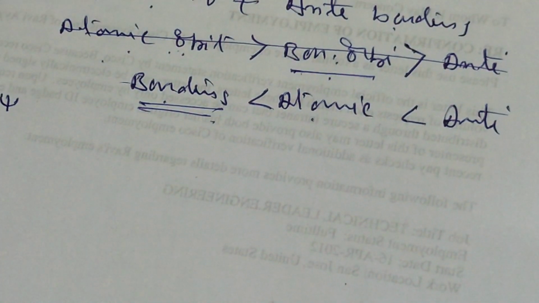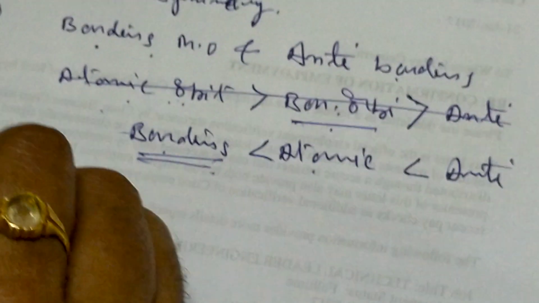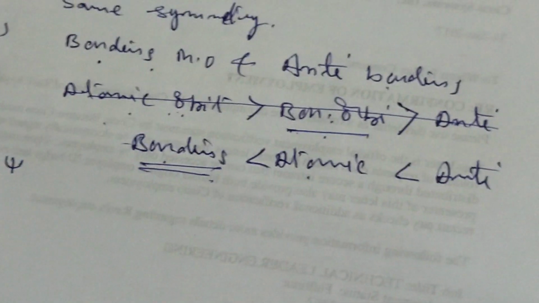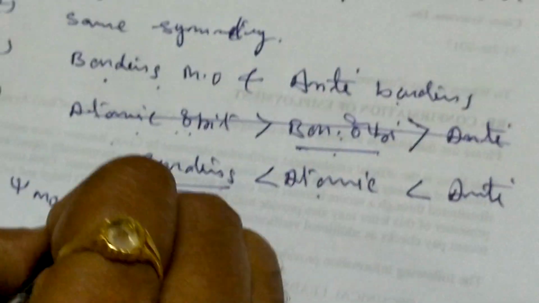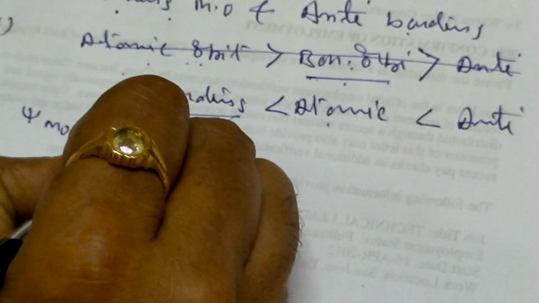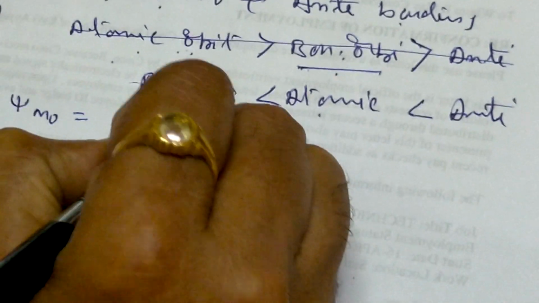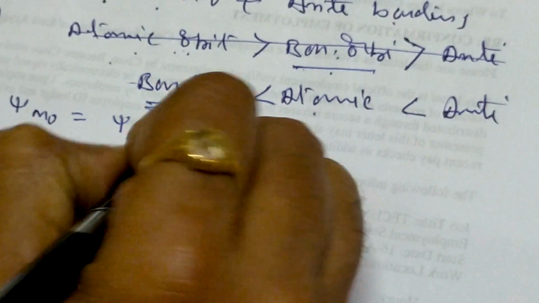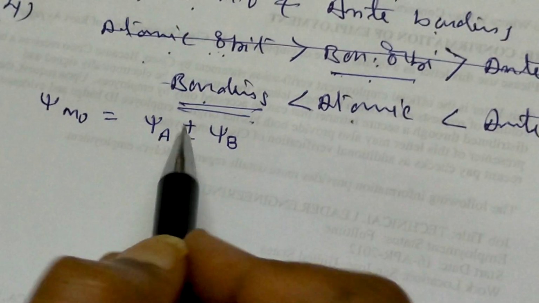The mathematical equation: when two atomic orbitals A and B combine, the molecular orbital psi is equal to psi A plus or minus psi B. If it is a hydrogen atom, both are the same, but we differentiate them as 1 and 2.